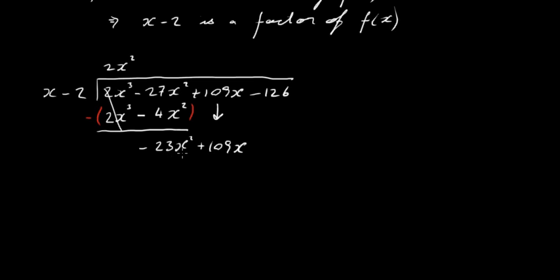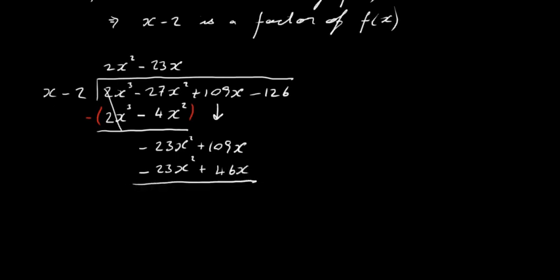X into minus 23x squared, well, that will give us minus 23x. Now multiply this minus 23x by these two, write our answer under here. Minus 23x times x is minus 23x squared. Minus times minus is plus, minus 23x times minus 2 is plus 46x.